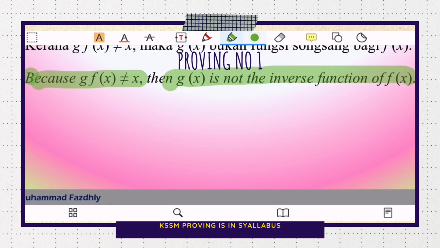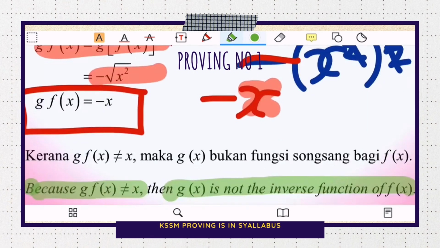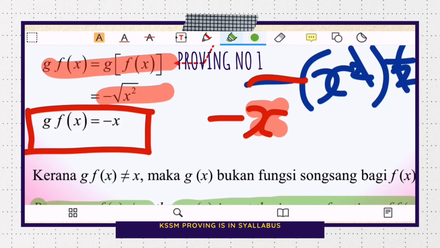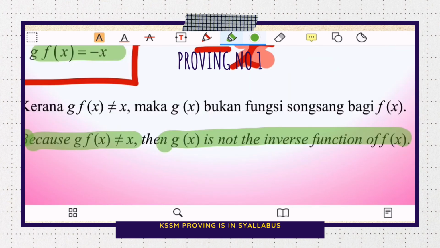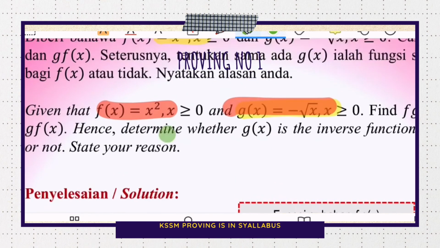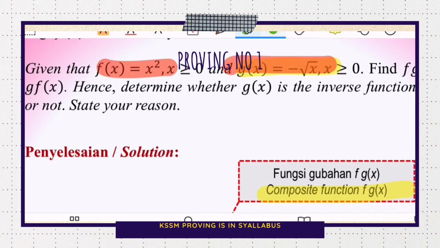So in order to prove that it is the inverse of the f(x), we must show that we will get x. Since we are getting gf(x) is equal to negative x, so conclusion is g(x) is not the inverse function of the f(x). The first proving is proving the f(x) equal to x squared and g(x) equal to negative square root x.